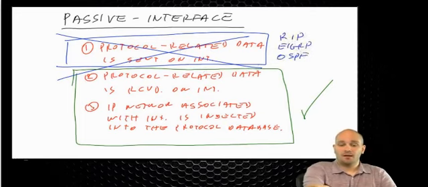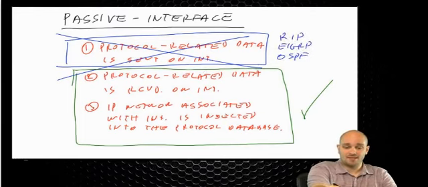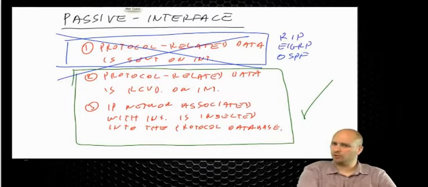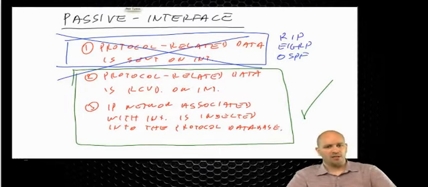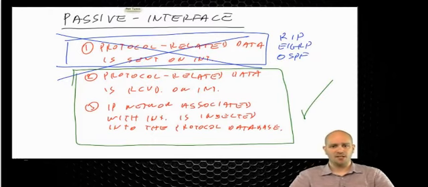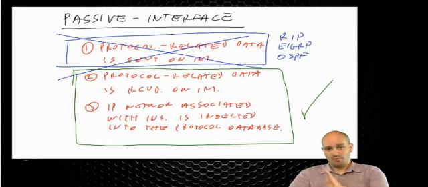Now, you may be shaking your heads right now, at least some of you, thinking that, hey, wait, that's not exactly what happens. When I declare an interface as passive for EIGRP, it's very different than when I declare it passive for RIP. Well, the end result may be different, but what happens is always the same. Think about it.